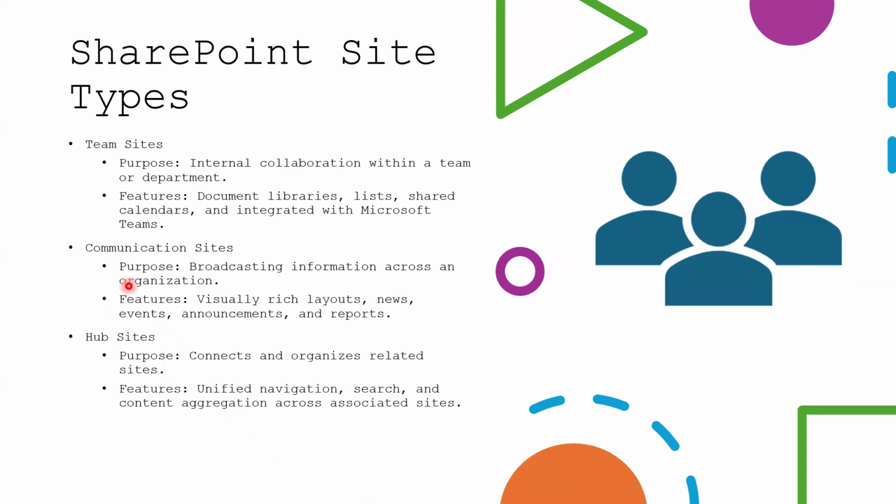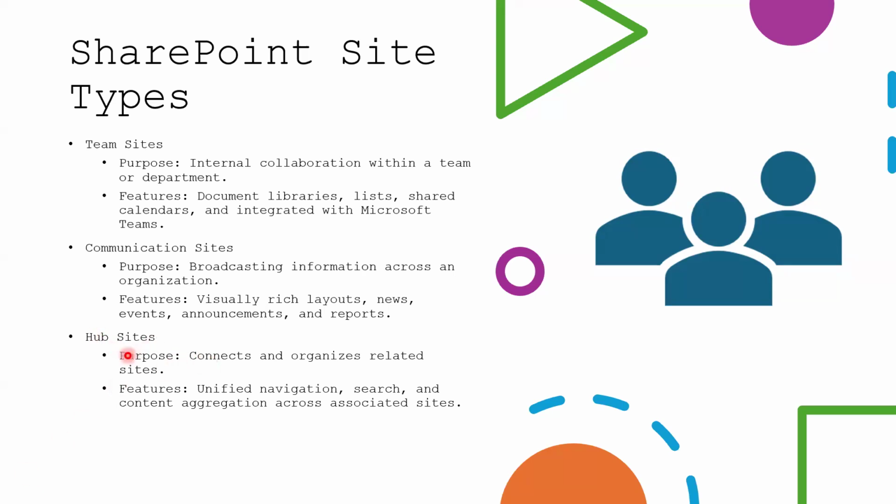So the next site type is hub sites. The name itself describes what it is. Hub sites means you can connect multiple people or multiple topics and organize related information.